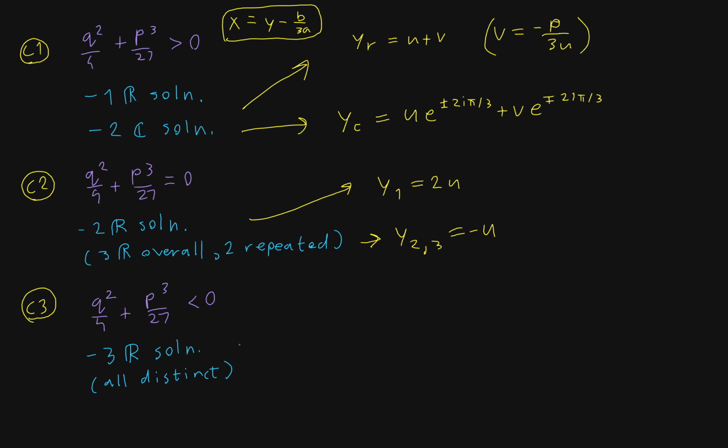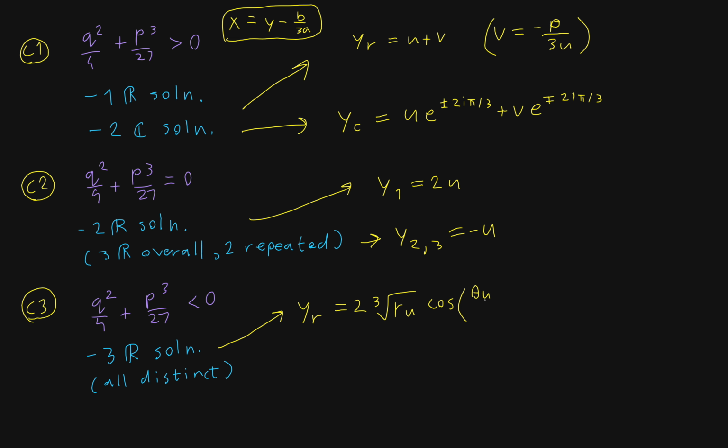And then here, for all three real solutions that are distinct, I'm just going to do y sub r to include all of them. But anyway, it's going to be 2 times the cube root of the magnitude of the complex inside of u, they're going to simplify out, and then times cosine of theta, basically the argument of the complex inside of u.